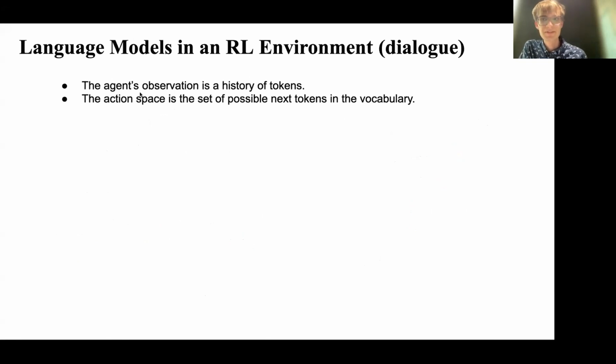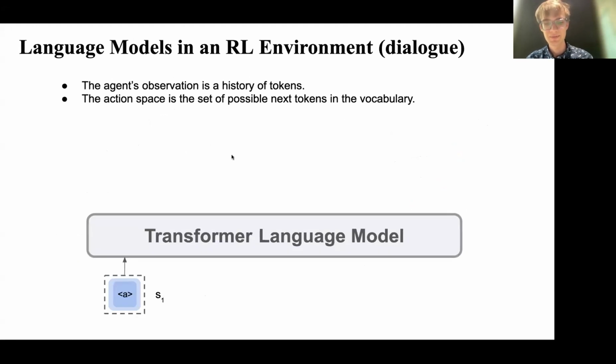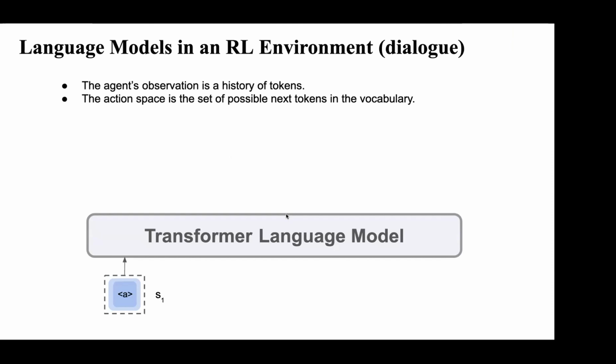We're going to start by defining how language model interaction might look in an RL setting. We know how language generation works, so what does it look like in an RL environment? We might start with some initial token, and then our agent is supposed to take an action, which is the next token in its utterance.